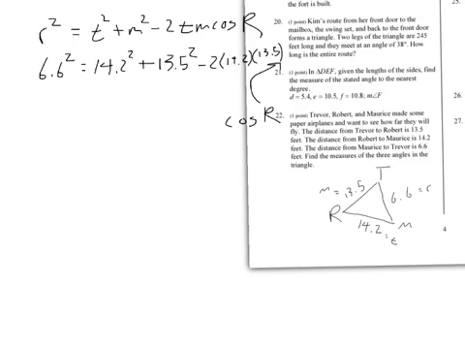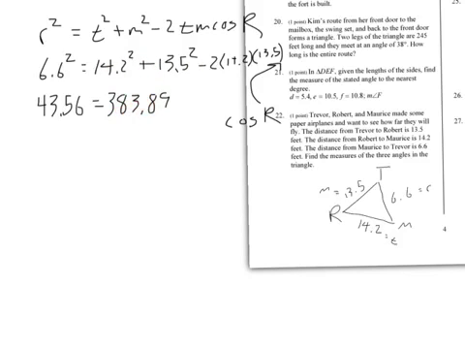Okay, let's get this down a little bit simpler. 6.6 squared is 43.56. 14.2 squared plus 13.5 squared is 383.89. So that's both of these right there.